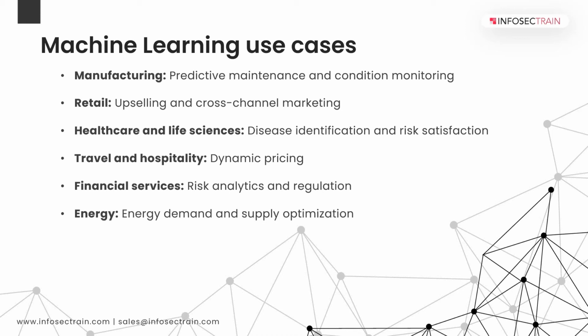In financial services, we use machine learning for risk analytics and regulation. In the energy domain, we solve different types of optimization problems depending on demand and supply, like the transportation problem and the assignment problem. That's why we use machine learning there as well.